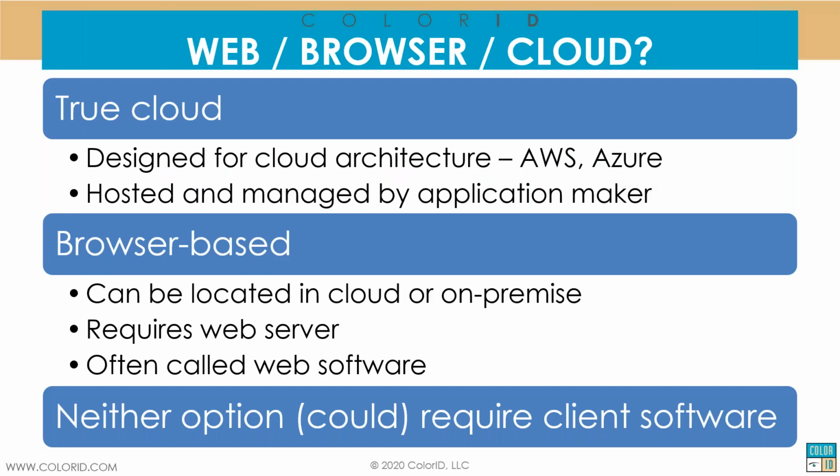So now we get to the part of the show where we're away from what was, and we're away from the theoretical of what is ID management, and we're actually going to talk about what's here right now and what's coming. Web browser, cloud. So true cloud is software which was built to live in the cloud, not just any software sitting on a server somewhere, and then, oh, by the way, we stuffed it in somebody's cloud somewhere.